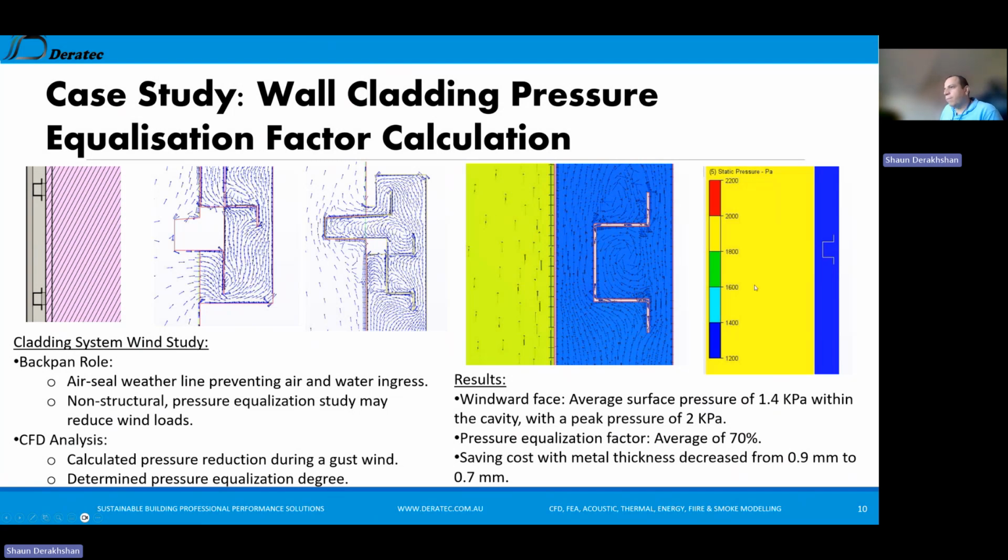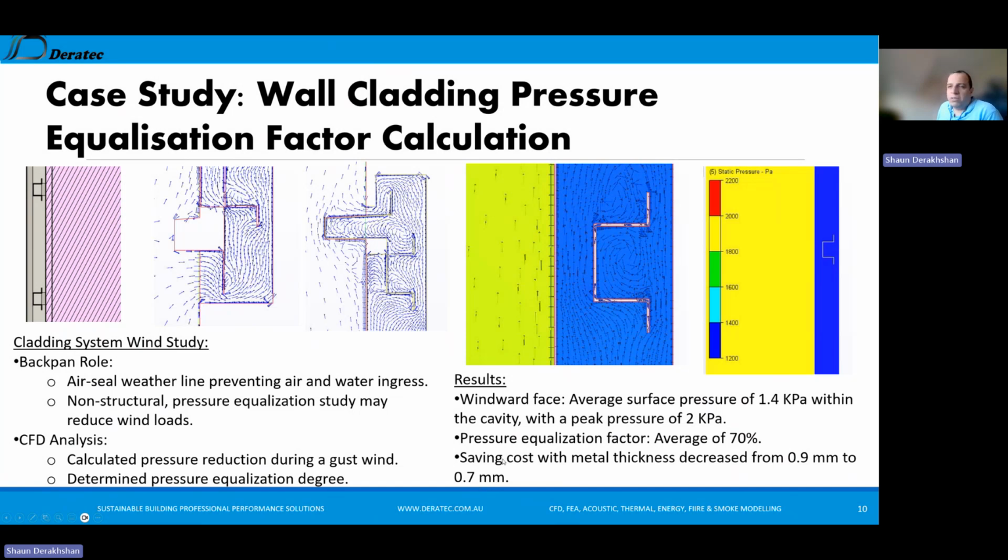But with this approach and CFD, we show that the average is 70%. For example, if the surface pressure is 2 kilopascal, you need 1.4 for design of the area. So the metal thickness decreased from 0.9 millimeter to 0.7 millimeter.